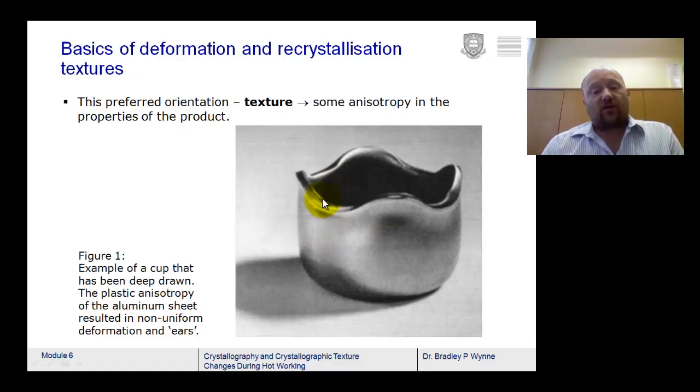That meant that I got a non-uniform surface. That means I have to cut this off, therefore wasting a lot of material. The other thing though, of course, is it's going to be much thinner in this area than in this area. So I'm having a waste of material here as well. So the key point is, in many cases, if I have a non-random distribution of grains, I am going to have an impact on my formability processing.